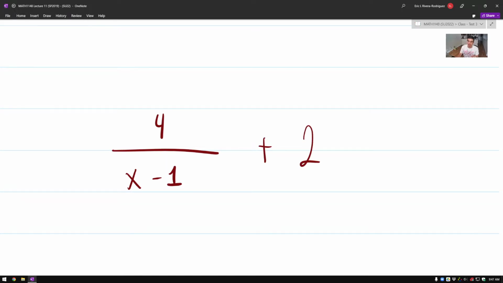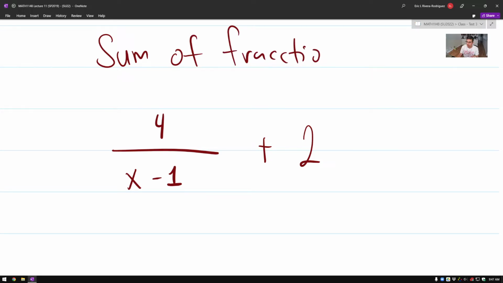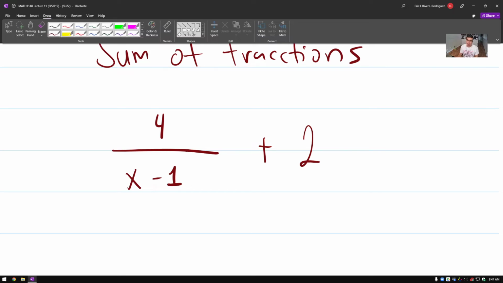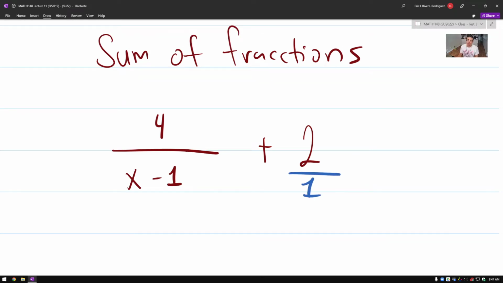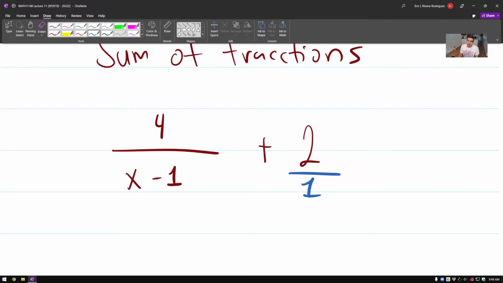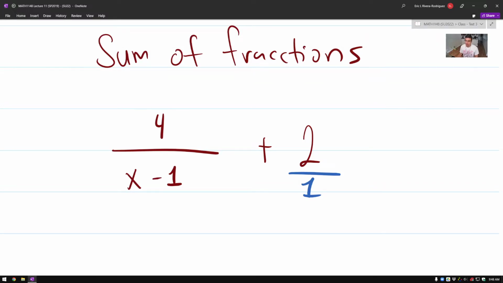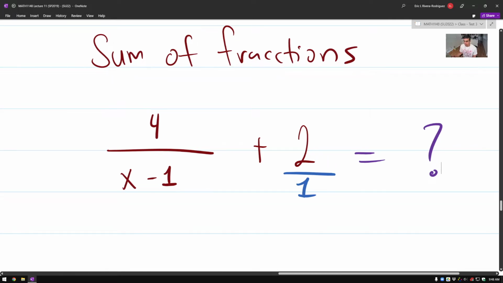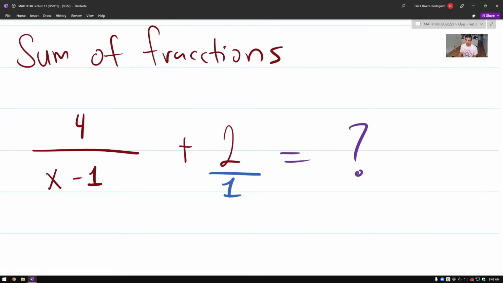So we have here a sum of fractions. Even though 2 is an integer, we can see it as a fraction as well, because it's 2 over 1. Our goal here is to combine these two terms into one term. We are not going to get an exact value here because we have x, but we want an expression that represents this sum.